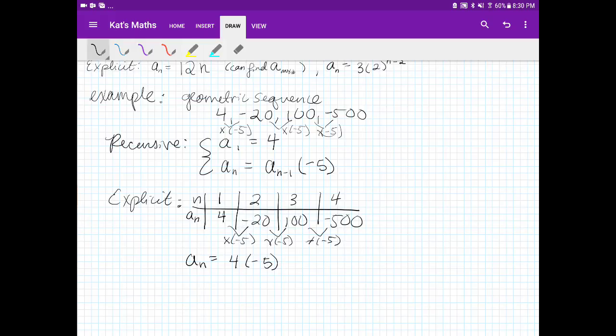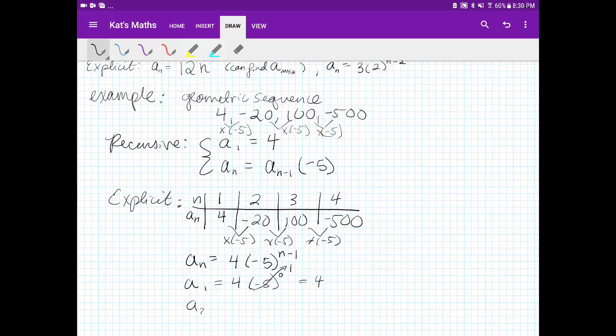So if 4 is the first term, we want to make sure multiplying by that -5 gives us a 4 again. So if n equals 1, the exponent becomes 0. -5 to the 0 power is 1. So a1 is equal to 4 times -5 to the 0 power, which is just equal to 4. So it works out for that one.